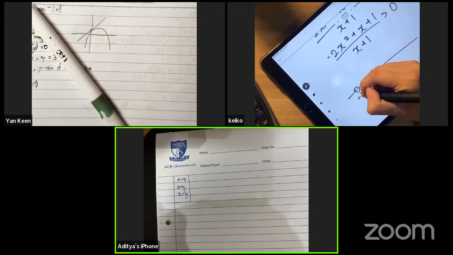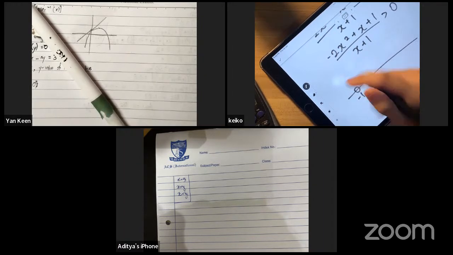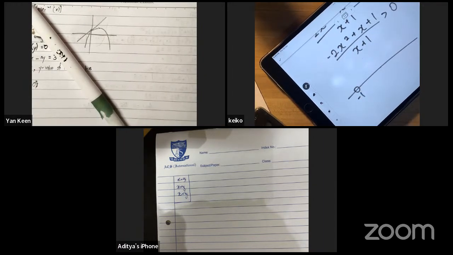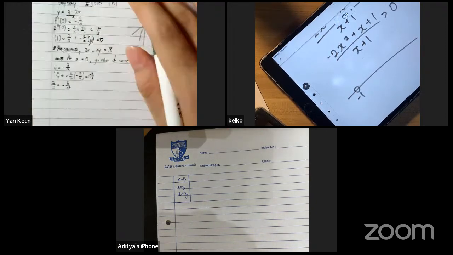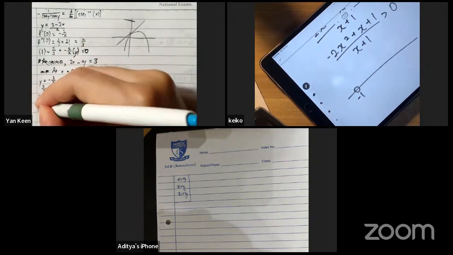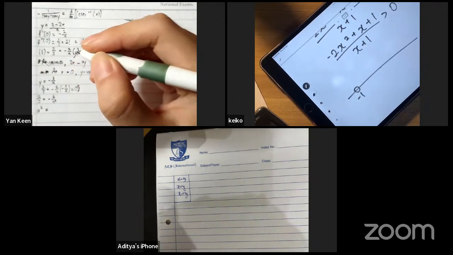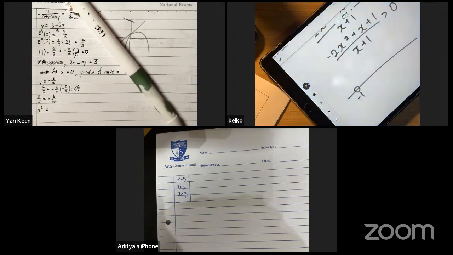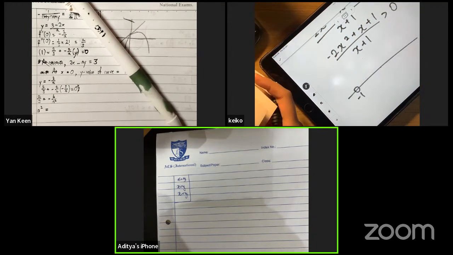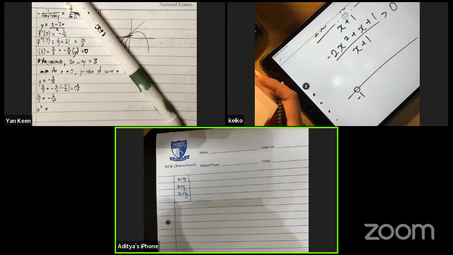Now, I want you to observe one thing. In quadrant 1, sine, cosine, and tangent, everybody's positive. That's not the case with quadrant 2. In quadrant 2, please look at it. Who is positive? Who is negative? The sine graph is positive and the rest are negative.